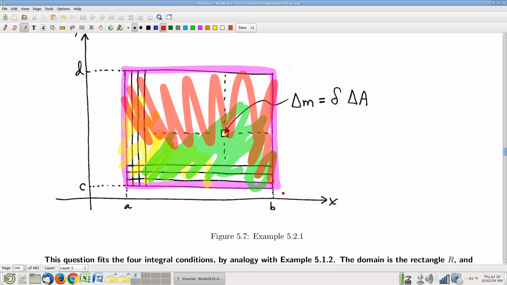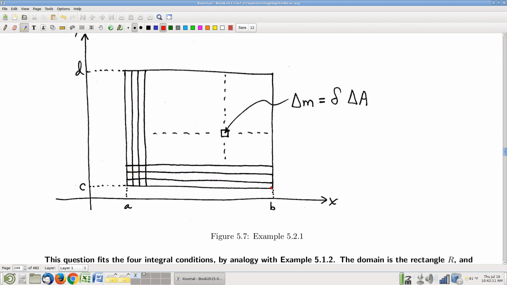I can't just take mass per unit area and multiply by area because the density is not constant, right? So the way we get around that is we say, look, it's wildly varying over large distances, but on any little piece, how much mass is in that little piece is just density that I know times area.